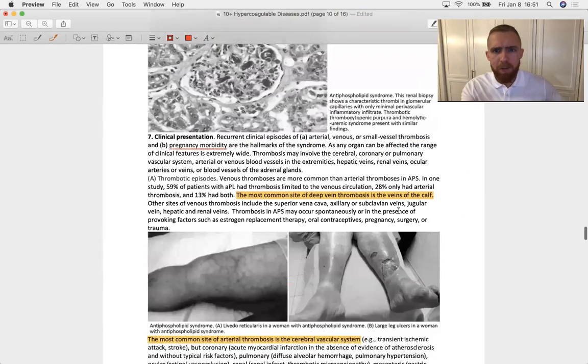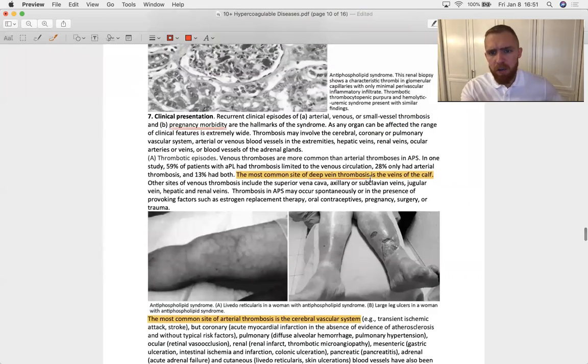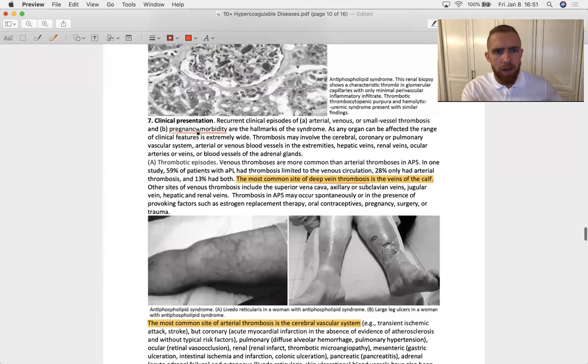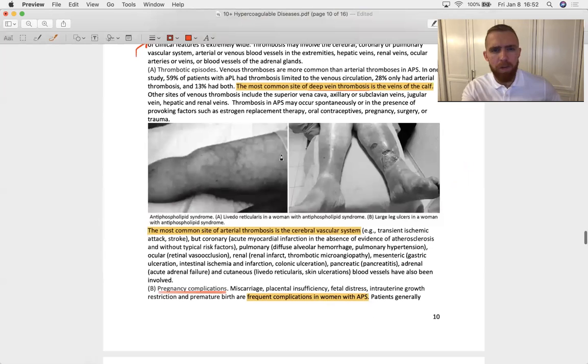So getting back to the presentation, DVT, common presentation, pregnancy morbidity, the second time that's been introduced. Livedo reticularis means that you've got a medium vessel vasculitis essentially. And so sources of vasculitis can be numerous. And one of them could just be overactivation of clotting, leading to some hypoxia.